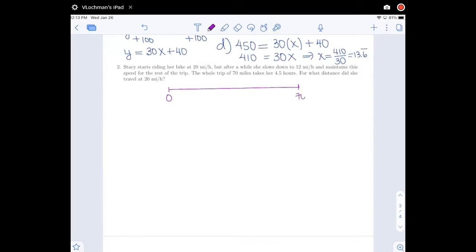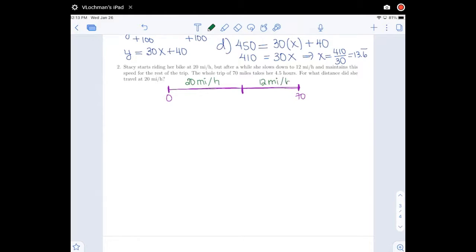Okay, that's my total distance. Now, she traveled part of it with one speed and then the other with a slower speed, right? So let's just kind of break it down anywhere. We don't know which part is bigger, which one is smaller. So somewhere here, this is the part that she traveled with speed number 1, which was 20 miles per hour, and this one was 12 miles per hour.